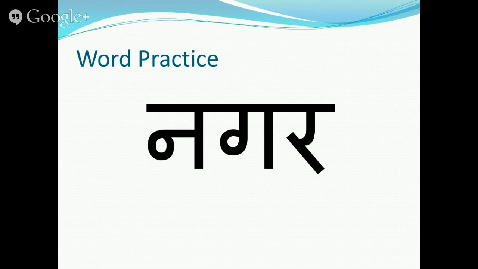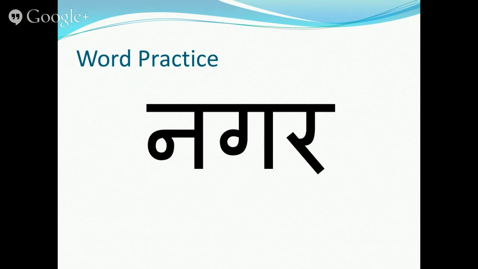And the tendency that you're fighting, which we will discuss eventually, is your inclination might be to change the second a into an ah. So you might want to say nagar. Well, this is stress, and this is one of the major differences between English and Hindi.